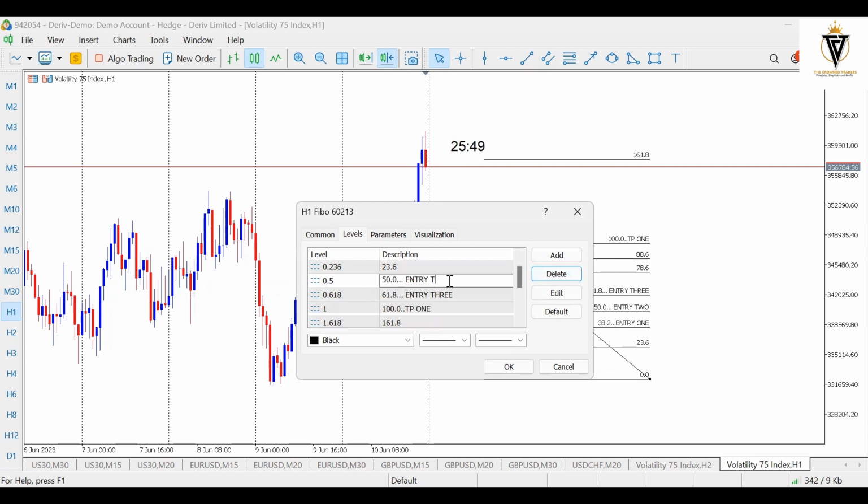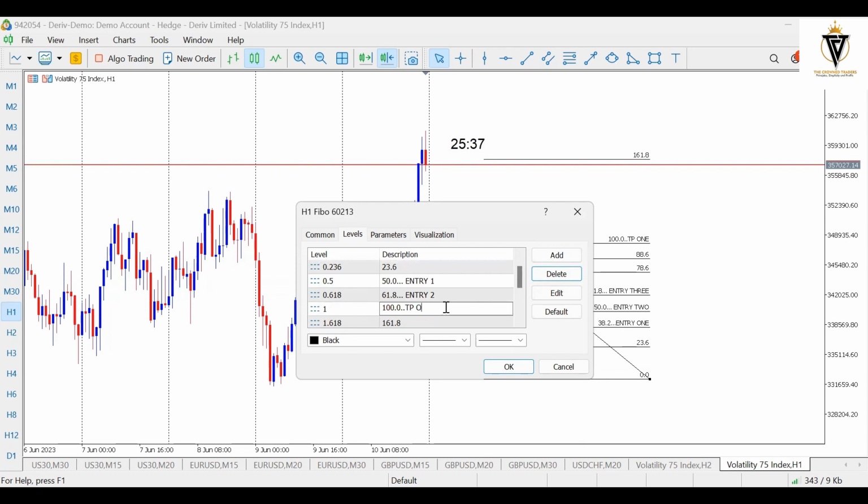So my 50 level will now become my entry 1. TP1.